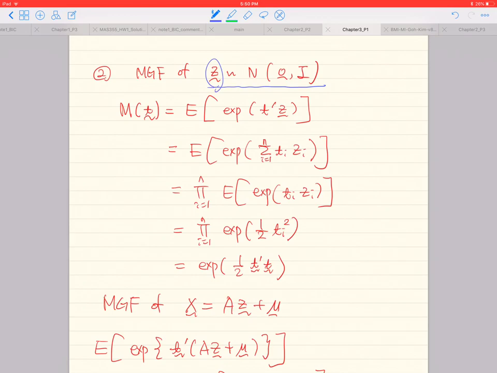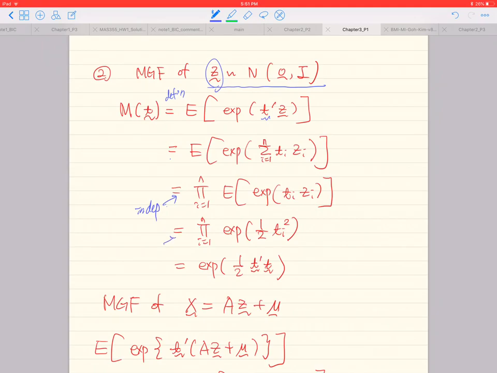This is the definition of the MGF of a vector, and then this is trivial, and this one is by independence.